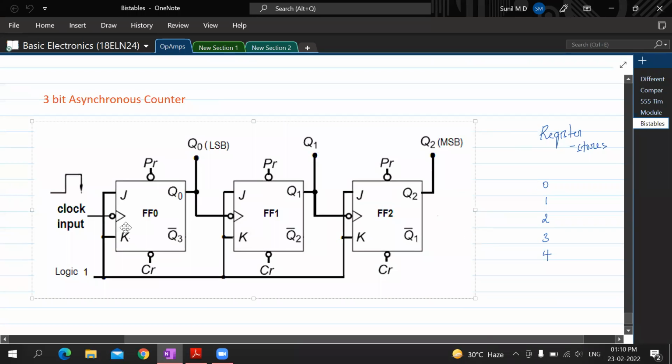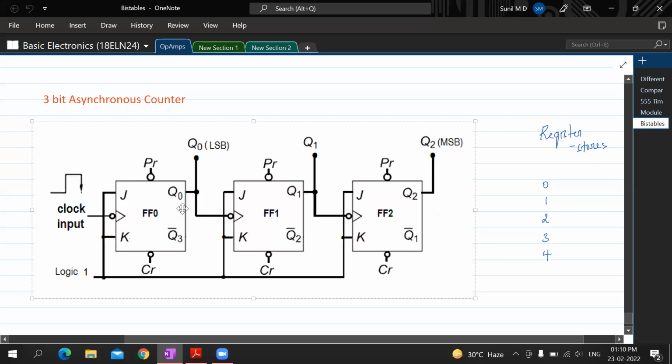The clock is given only to the first flip-flop. And after that, whatever output the first flip-flop will have, that output will be given as the clock to the next flip-flop.